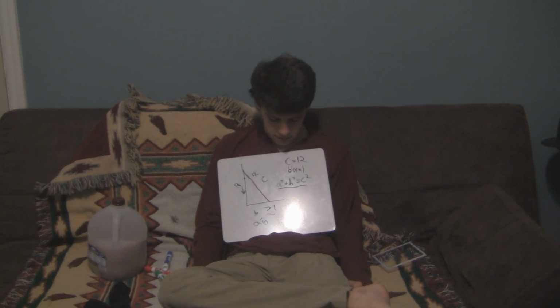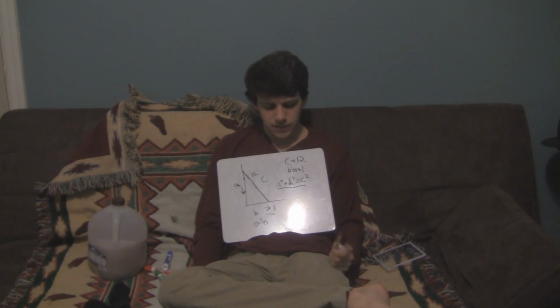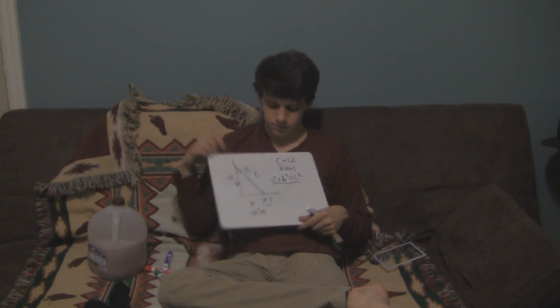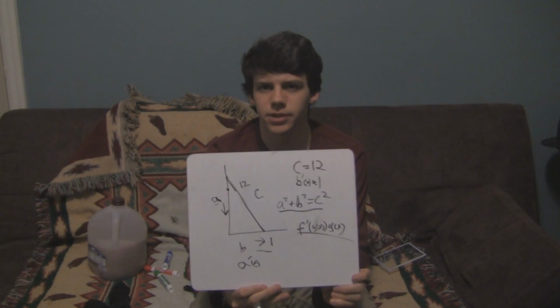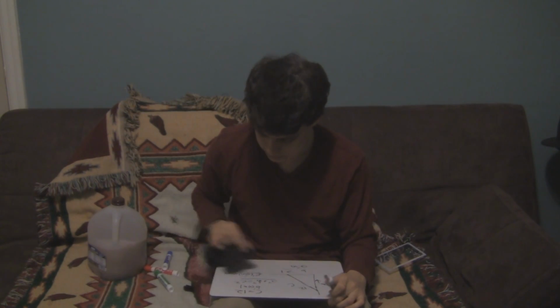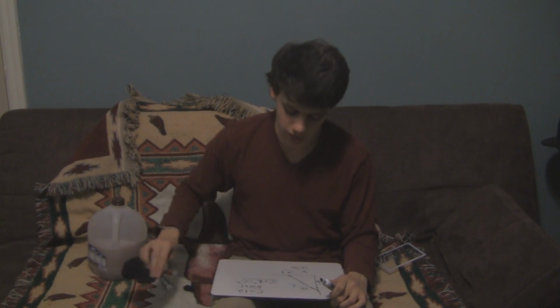Okay? So the very basic rule of chain rule is f prime of g of x times g prime of x, which I taught in the last one. Okay? So what you need to do with every single one of those terms in a squared plus b squared equals c squared is just do that.